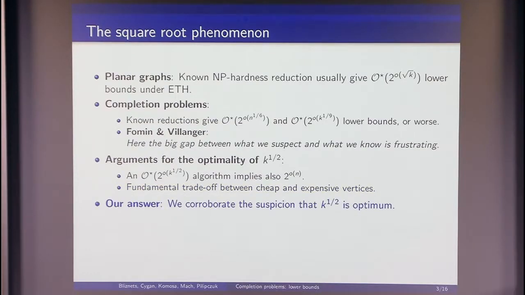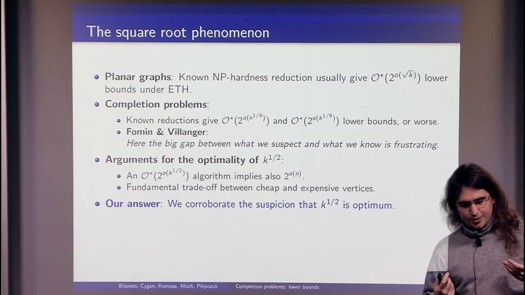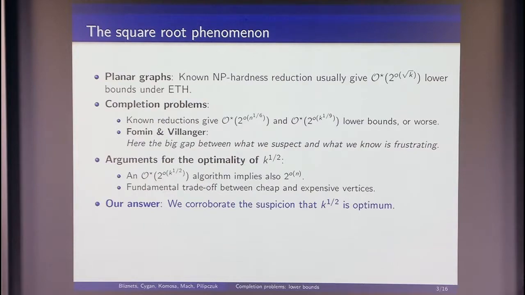What we give in our paper is a semi-satisfying answer, corroborating our suspicion that this square root k should be optimal. Note that all the algorithms we were talking about have running time k to the square root k, which amounts to 2 to the square root k log k. So far we are not even able to pinpoint the right exponent of k in the exponent.